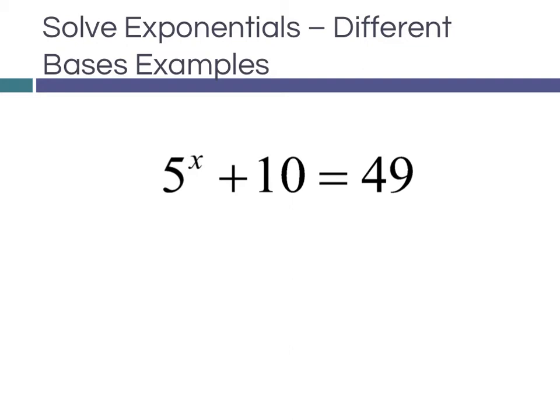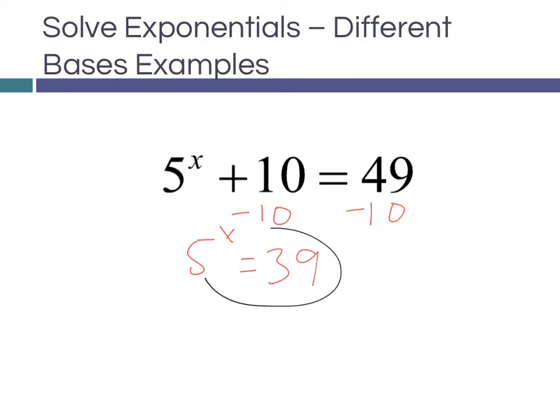Alrighty, we're at it again. We're solving for an exponent, but this time we got some addition on the left-hand side. That's weird, because I can't write this in log form yet, but what if I were to subtract 10 from both sides? Now I have 5 to the x equals 39. Now it looks like something I had before, and I can write it in log form.